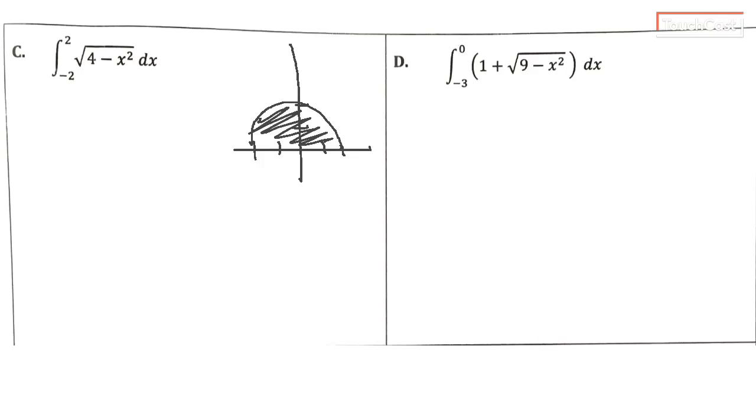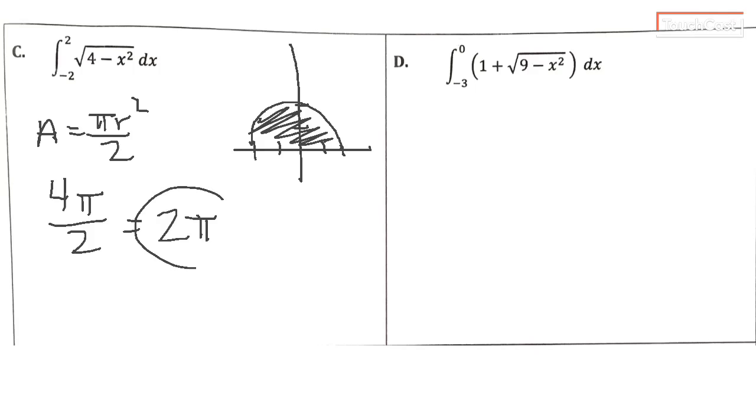So area of a semicircle is going to be pi r squared divided by 2. We know r is 2, so we're going to have pi times 2 squared. So let's just write that as 4 pi divided by 2, which is going to give us, 4 divided by 2 is 2, so just 2 pi square units. So the answer to C is just 2 pi.